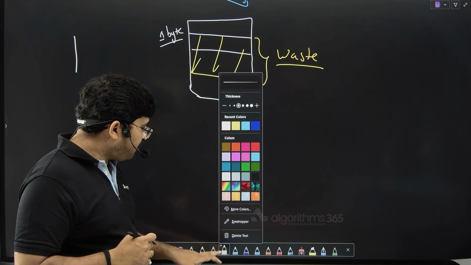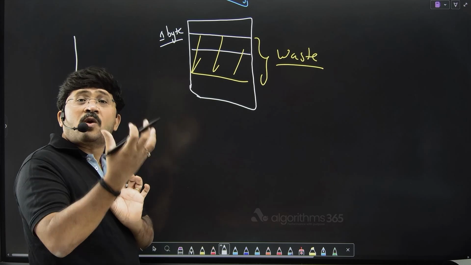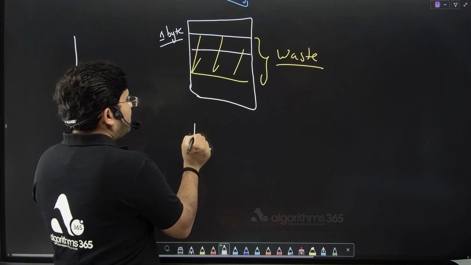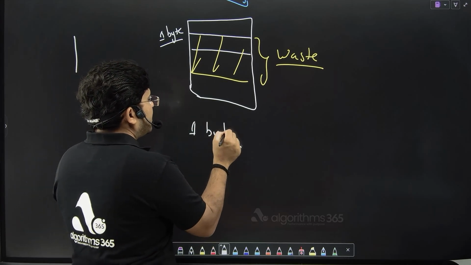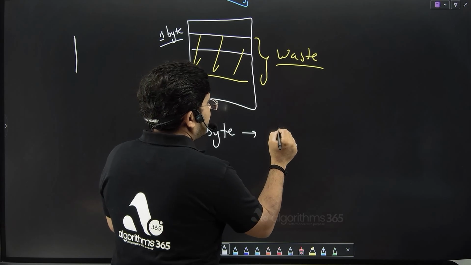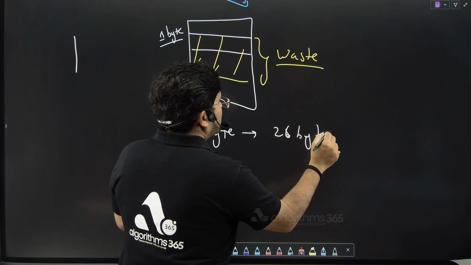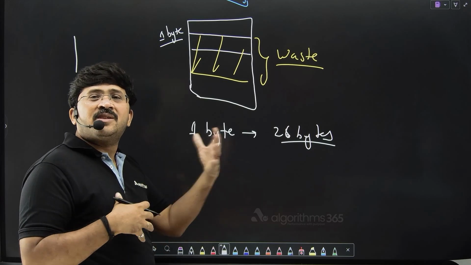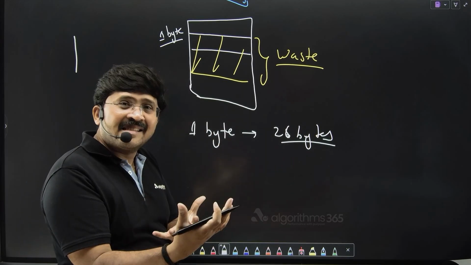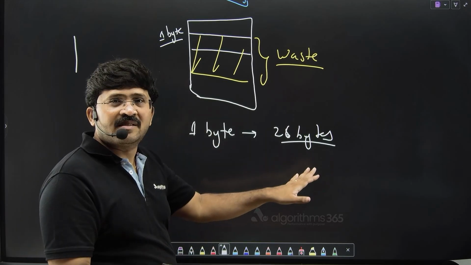So if you choose the wrong data type, you needed only 1 byte of memory and you ended up using, let's say, 25 or 26 bytes. So you're using this much more. It's not that you did it intentionally; you did not understand the details, and because of that you did this.